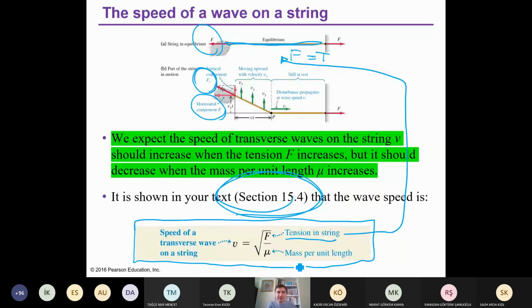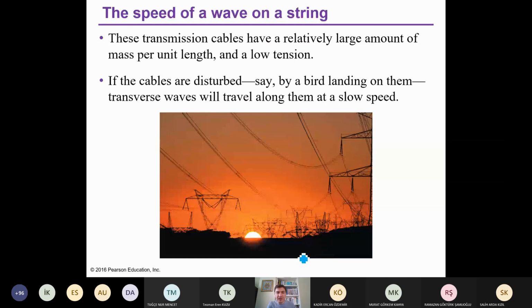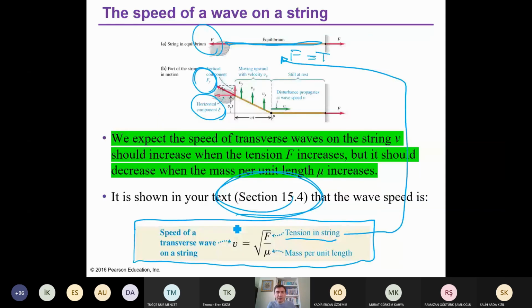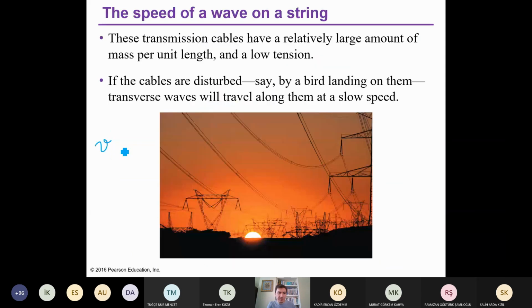So now just discuss the application of this formula. v equals square root of F over mu, linear mass density. These are the transmission electrical cables, and they have a relatively large amount of mass per unit length. So they have very large mu, okay, and they have low tension on the strings, okay?